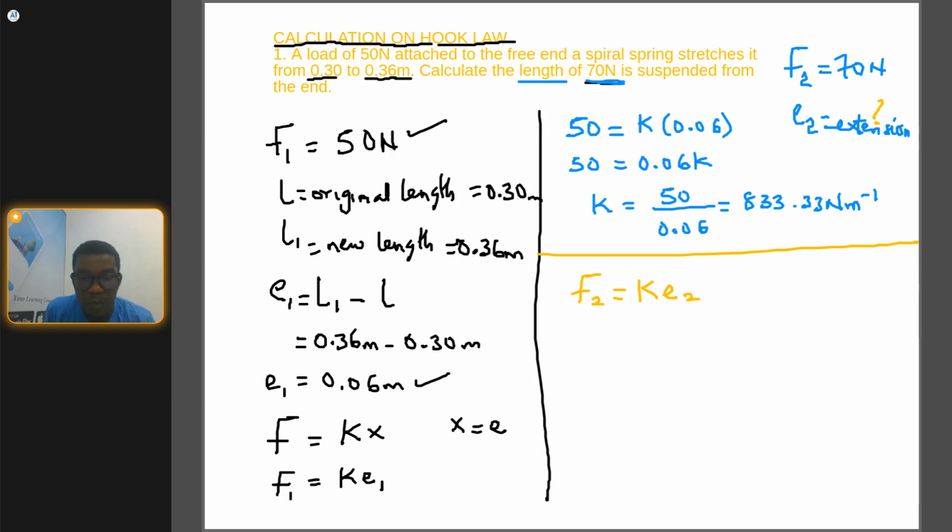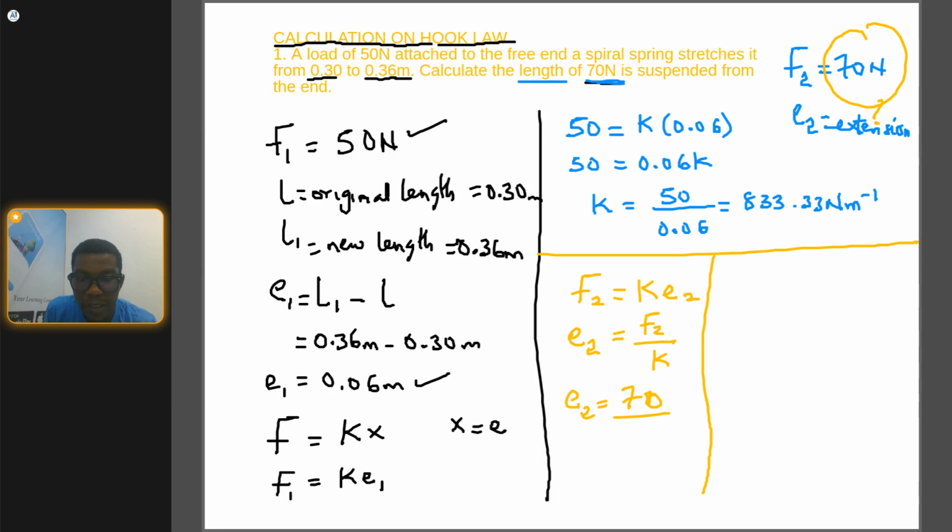So I'm going to make E2 the subject of the formula so I can get it easily. So E2 equals F2 divided by K. E2, which is the extension, equals F2. F2 is 70. So we have 70 over K.